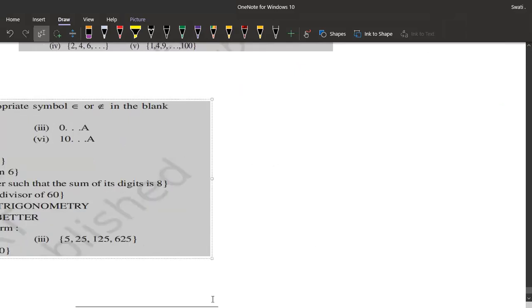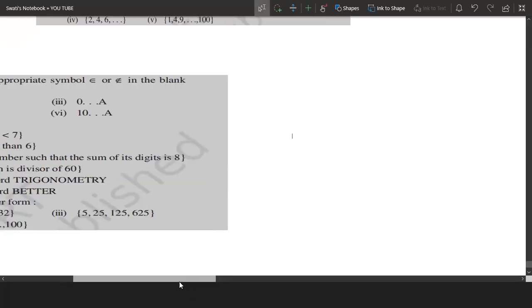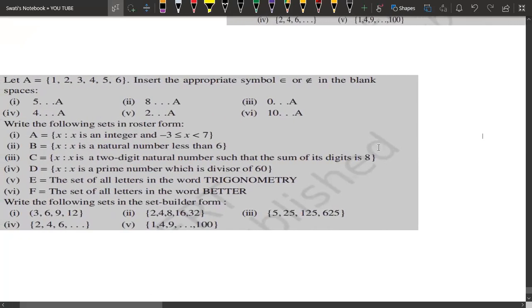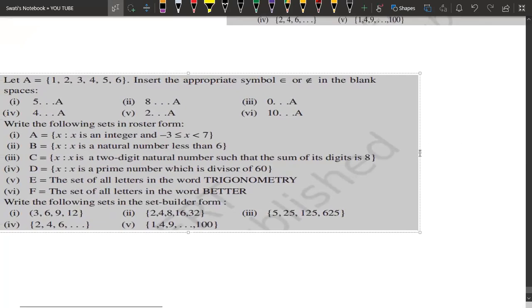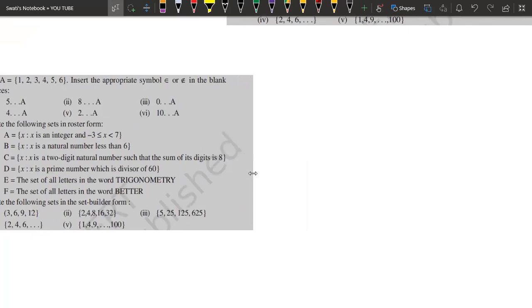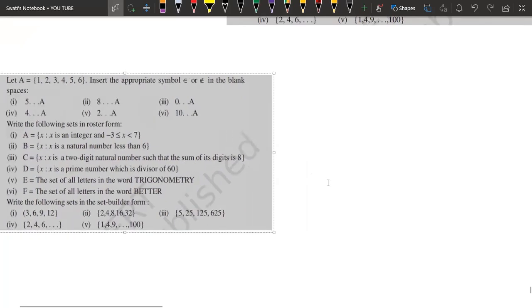Yes, so this is our third question. Okay, perfect. This is looking so elongated now, so let me make it a little smaller. Yes. Okay. So we need to write down the following sets in the roster form.